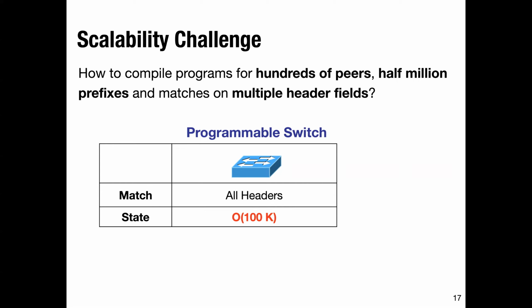Because you are using TCAM memory for enabling these types of match action rules, and TCAM is expensive, so when you're matching on all headers, you are expanding horizontally, and with the same budget, that will limit the number of vertical entries that you can have, right? So this is on the order of 100K, and take this number with a grain of salt, because as technology improves, these numbers keep changing, but they don't change by orders of magnitude.